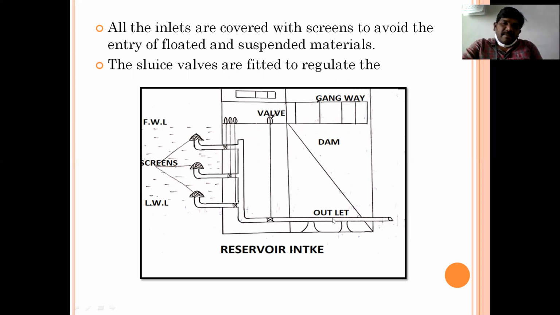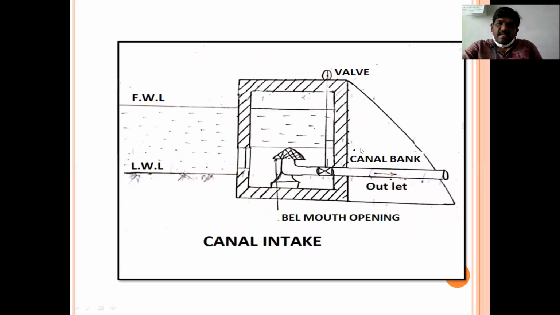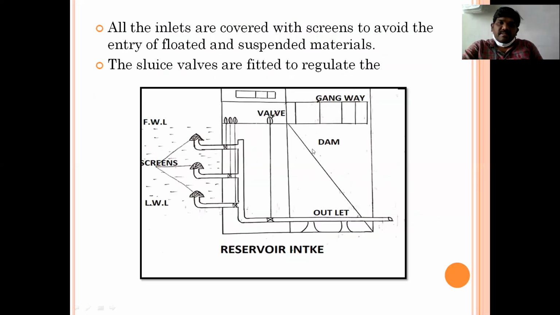This pipeline is supported by an inbuilt structure, or by some brick construction, or some supporting materials. See here, this valve is similar to what we discussed in the canal intake, the same process.